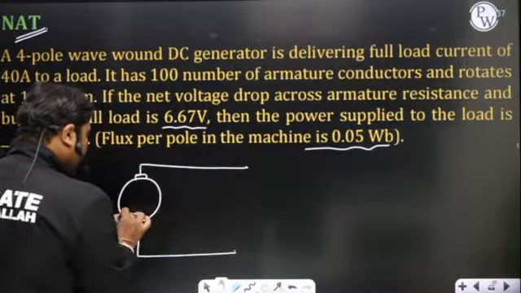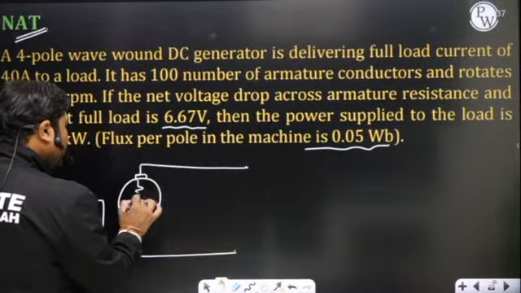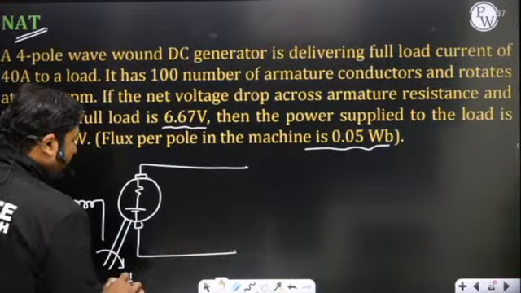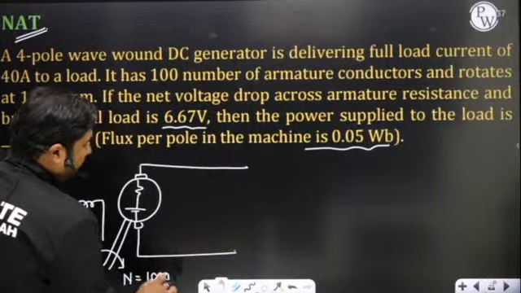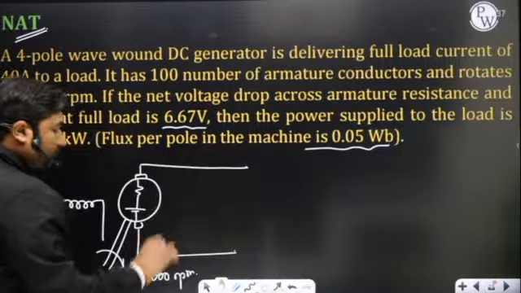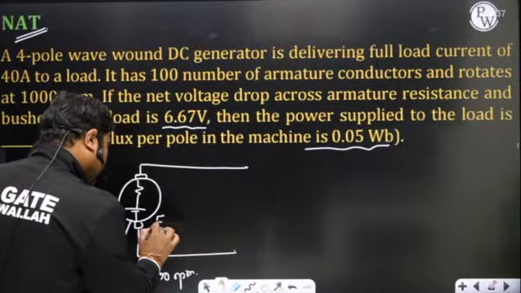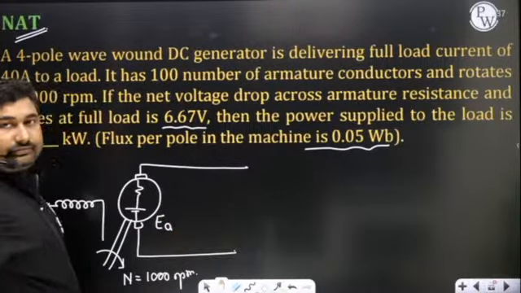Okay, sir. And we also know that this machine is rotating at a speed of 1000 RPM. So if we know about the flux and rotation, it means we can calculate induced EMF.